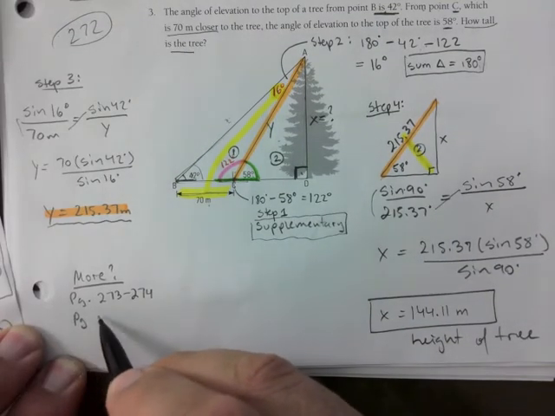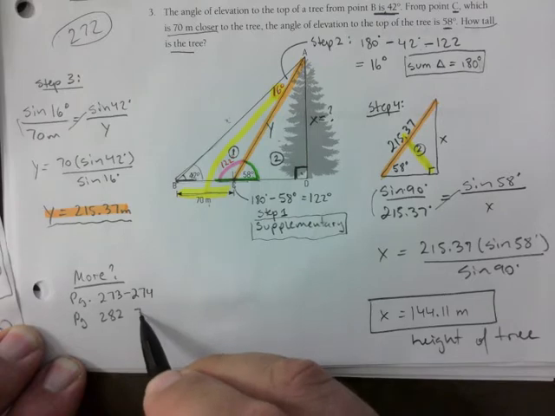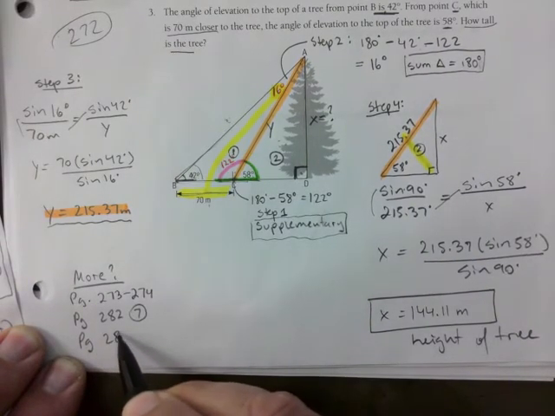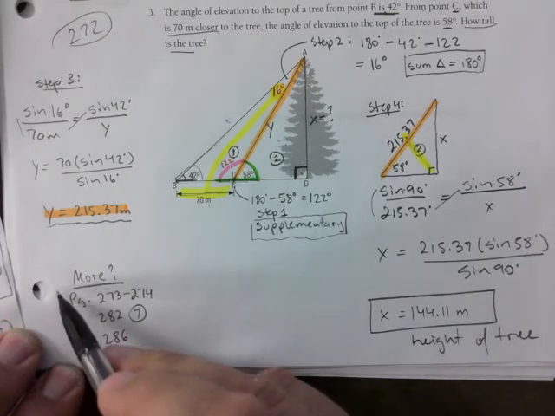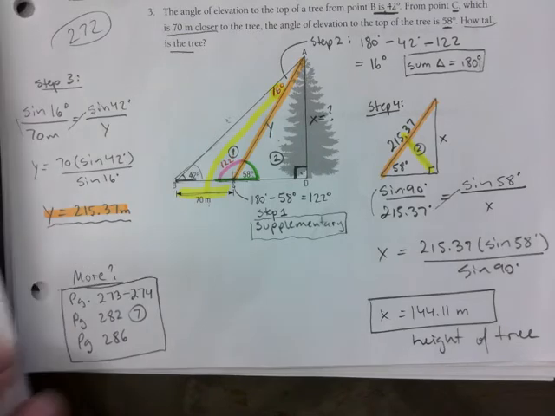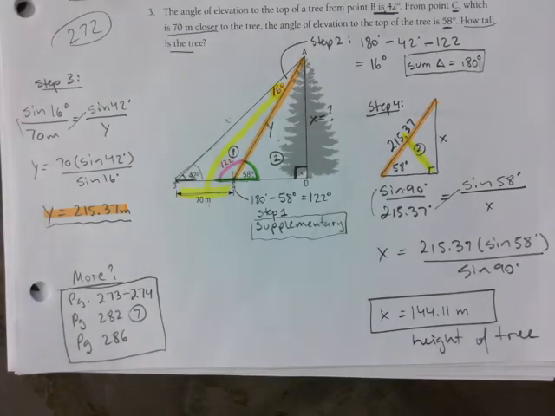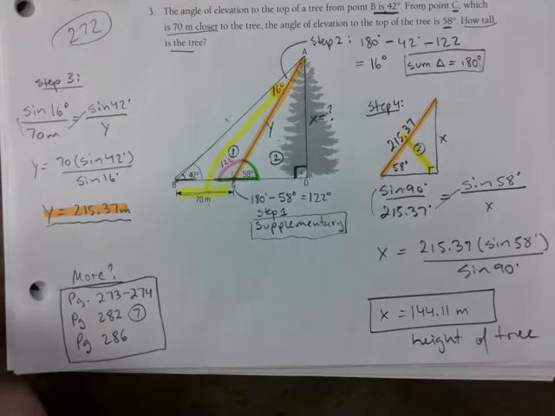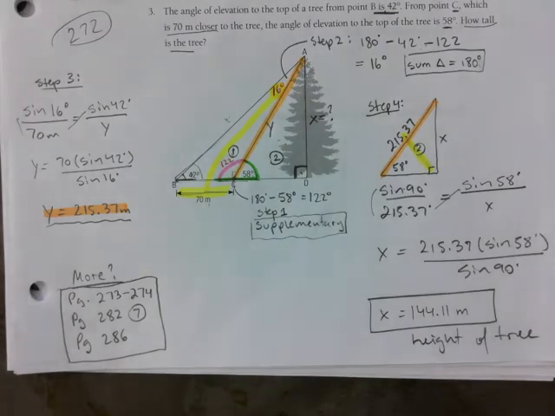Page 282, question 7 only. And then page 286, all of it, right? So I want you to go fish them out and work through those because they're a bit scattered in the booklet. I want you to just focus on those today, okay? So at least do one today. Go right next door, right after this. There's one right there, and give that a try. I know you can do it.